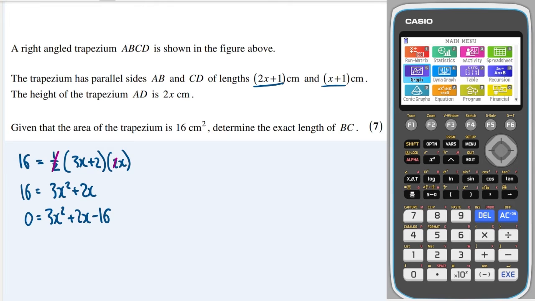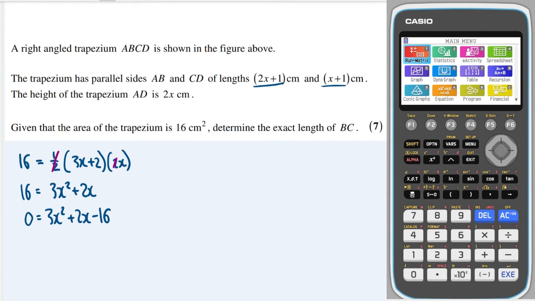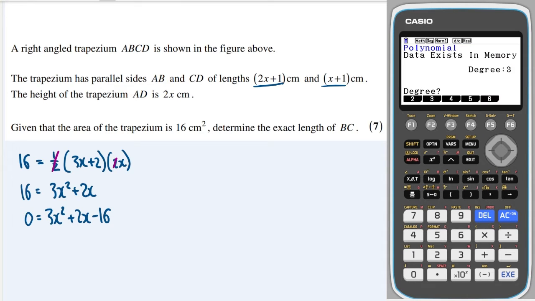I'm going to be a bit lazy and just use my calculator. Degree 2, 3, 2 and minus 16. And we get 2 and something else negative, but it must be the positive one. So x equals 2, because we are looking at length here.